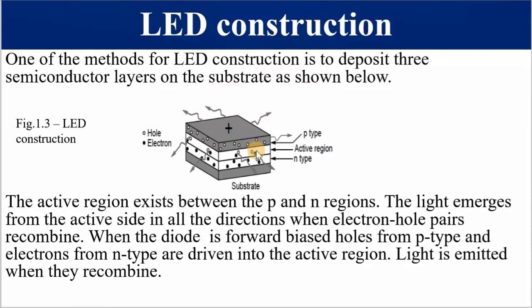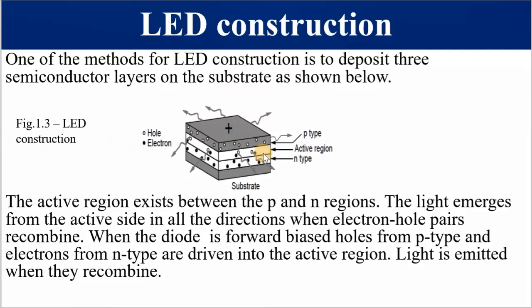This is an insulator, and it has a special name, it's called a substrate. These are holes in the p-type and these are electrons in the n-type. When recombination occurs, that's when light is emitted in all directions, and it is emitted in the active region.